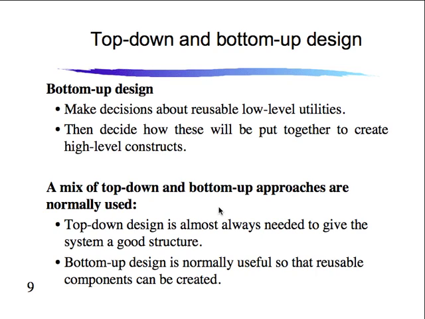You don't know how the implementers are going to do it. So your design document is structured top-down, but you could actually do a mixture. You could put in a lot of lower-level details and then work it upward as well and show both views of it. Top-down design is almost always needed to give the system a good structure, if you think about it.